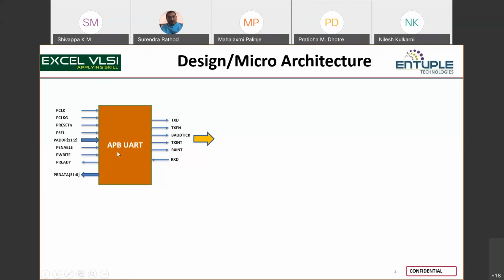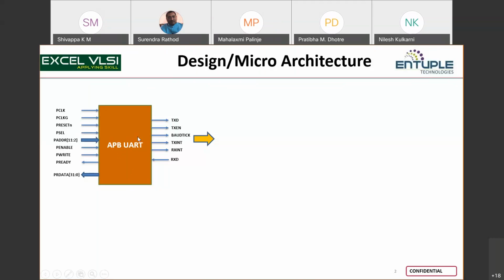APB, AHB, and AXI are all protocols used in the gadgets we all use. More than 90% of the embedded market is governed by a company called ARM in terms of processors. Even if you say Samsung is using a Qualcomm Snapdragon processor, inside that you will see an ARM Cortex processor.